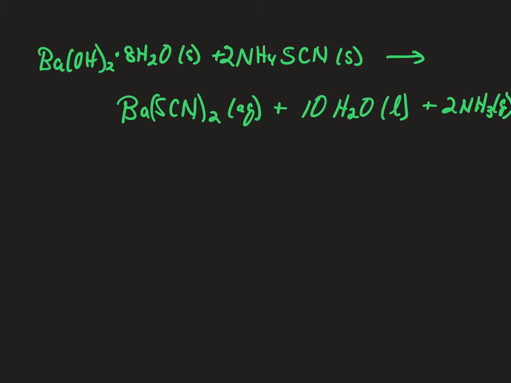And so let's go back and look at our reaction of our barium hydroxide octahydrate with our ammonium thiocyanate to make barium thiocyanate, which can dissolve in the liquid water we're producing, and we get ammonia gas. So note, we said that this absorbs heat energy, so it was endothermic.